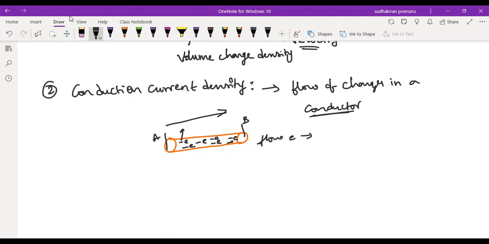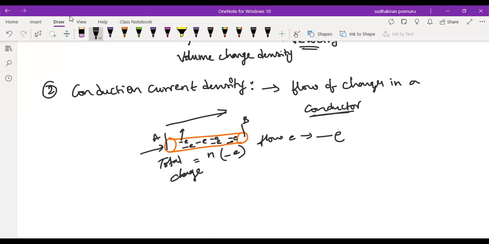Those charges carry a negative charge, which is minus E. Suppose in a conductor you have n number of electrons and each electron has a charge of minus E, then n into minus E will be the total amount of charge flowing within that conductor. This type of flow of current inside a conductor is called what?